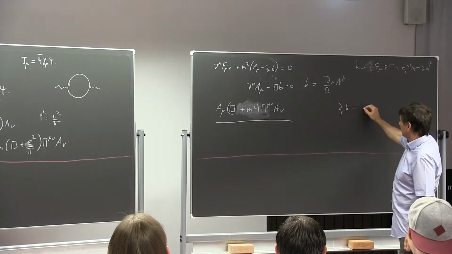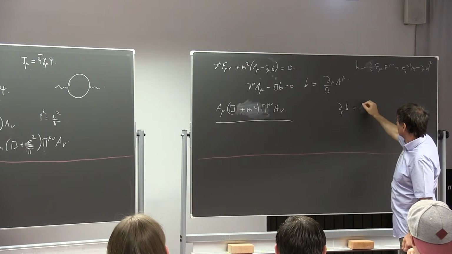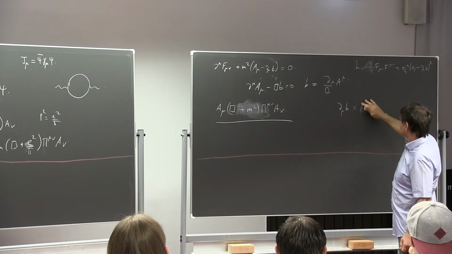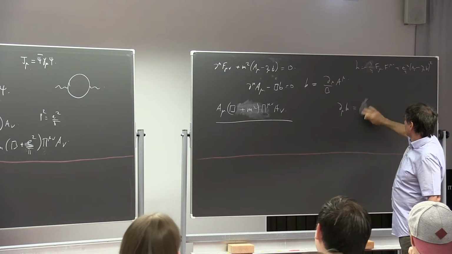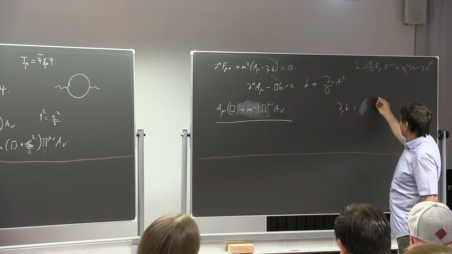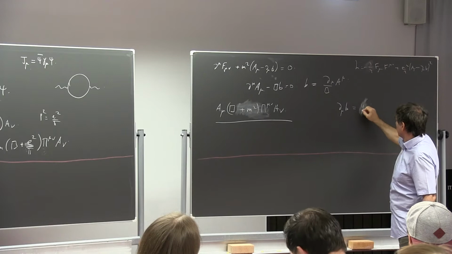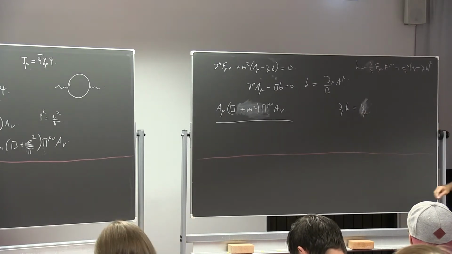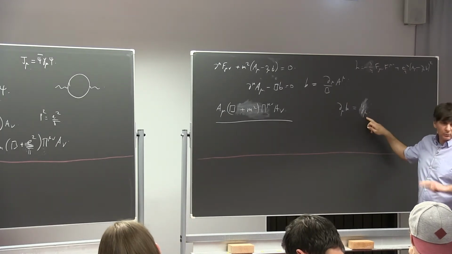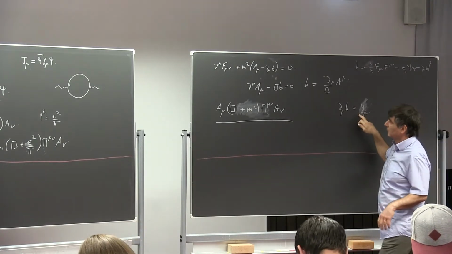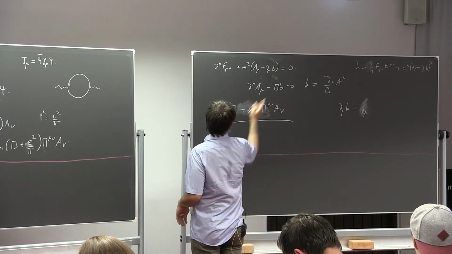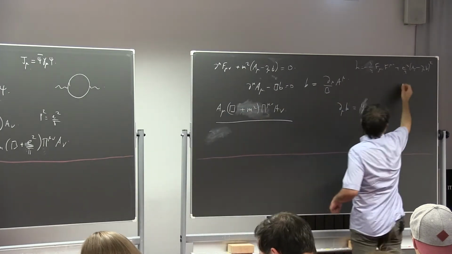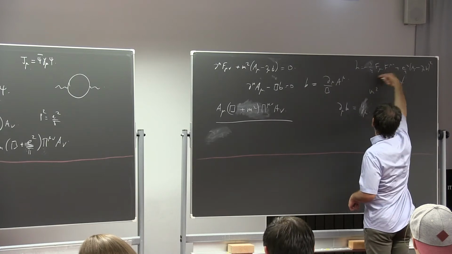I can declare that this is fundamental. Let me call it Y of mu. So we can do exactly the same thing. In other words, replace this with Y of mu in the Lagrangian here. I leave this term as it is.